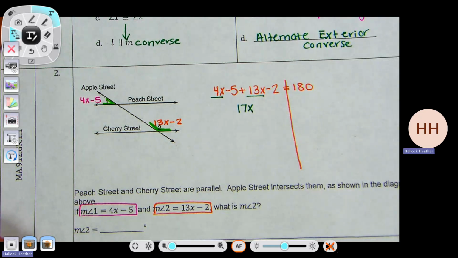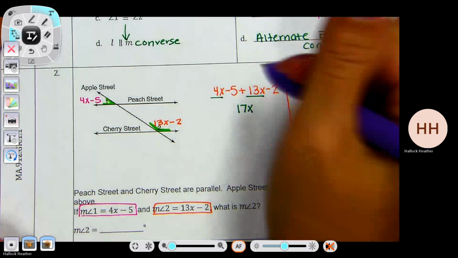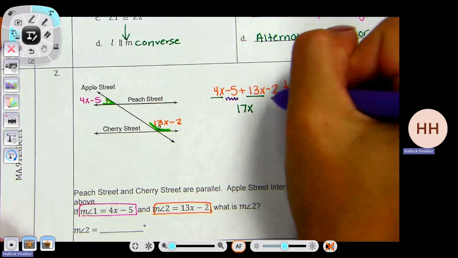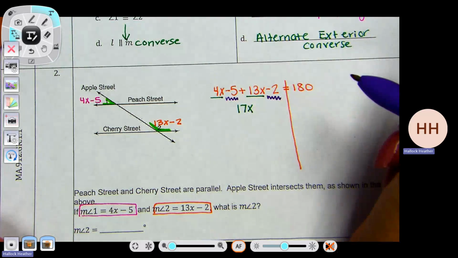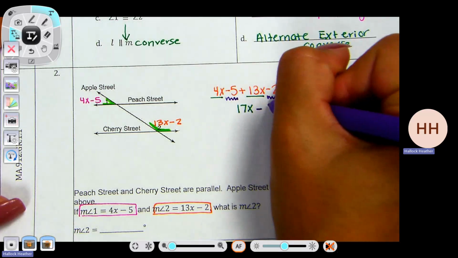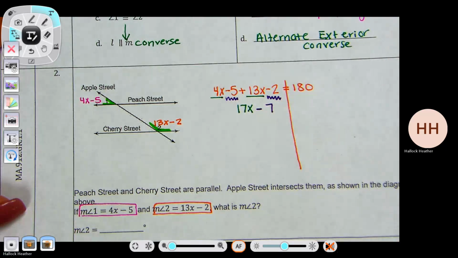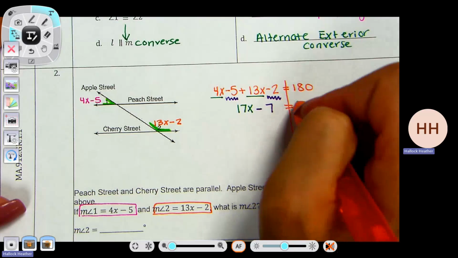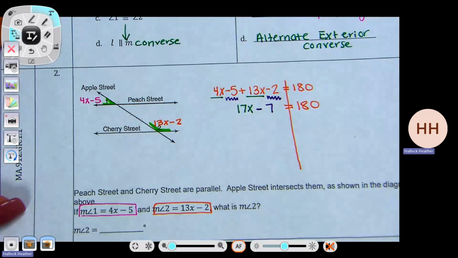Negative 5 minus 2. If I add them together, negative 5 plus negative 2 is negative 7. Bring down equals 180. And then it's a two-step equation.